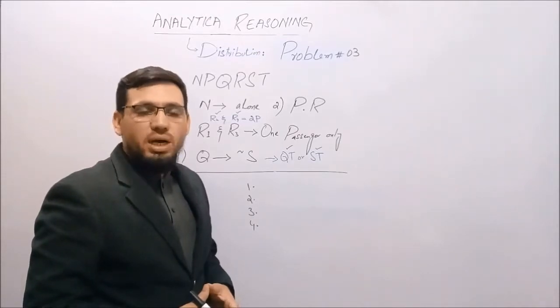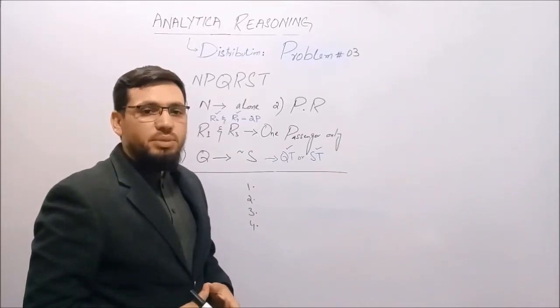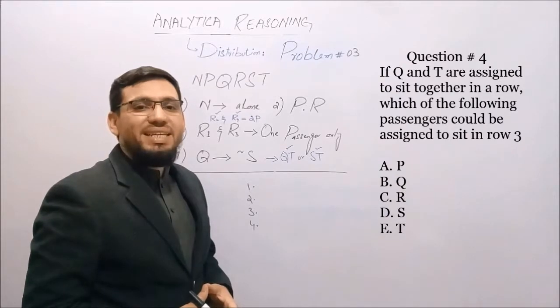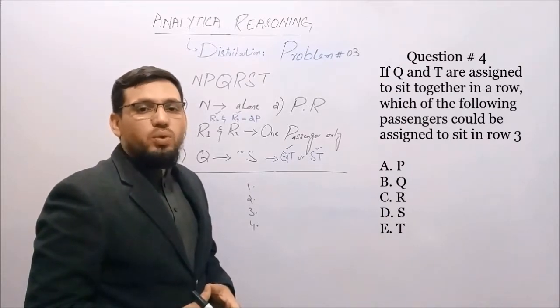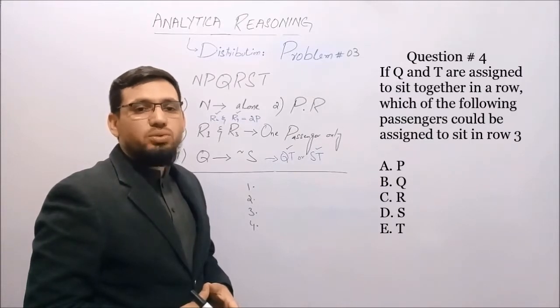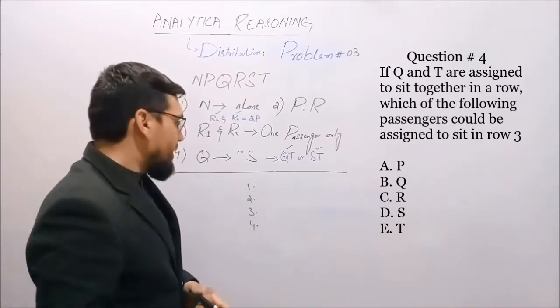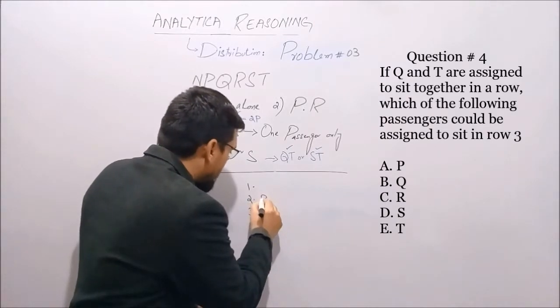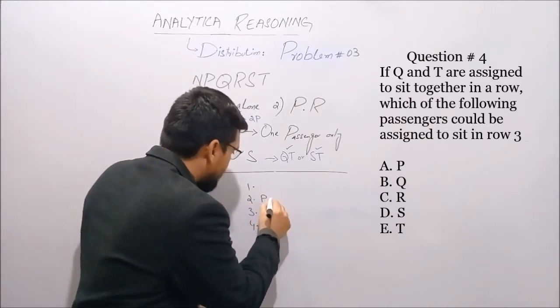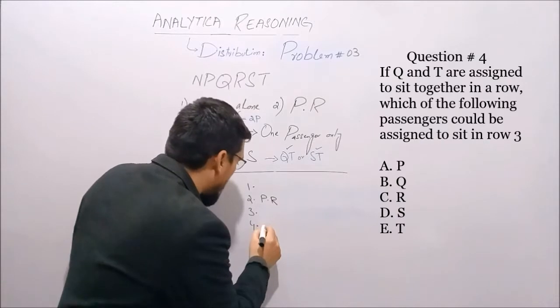Okay, let's move to the last question about this arrangement: if Q and T are assigned to sit together in a row, then which passenger could be assigned to sit in row 3? Right now, we know that the two passengers that could appear in row 2 and row 4.